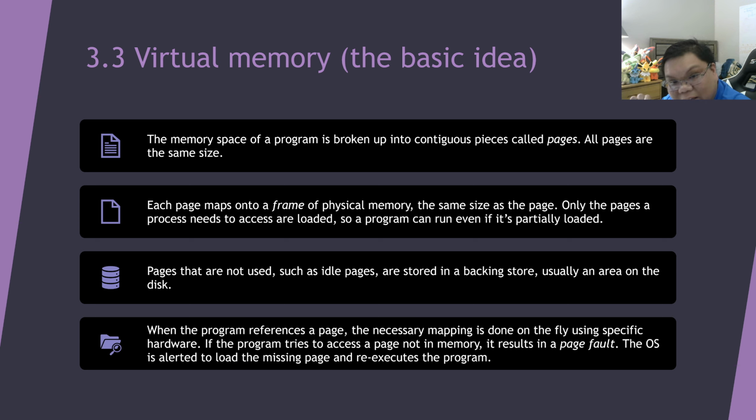So somewhere in the program is an instruction that says read from such and such memory address, but it's on a page that's missing. That results in a page fault. So the operating system loads that missing page, and then it restarts the program by having it re-execute that read instruction. Once that page is loaded into memory, it can proceed as normal.